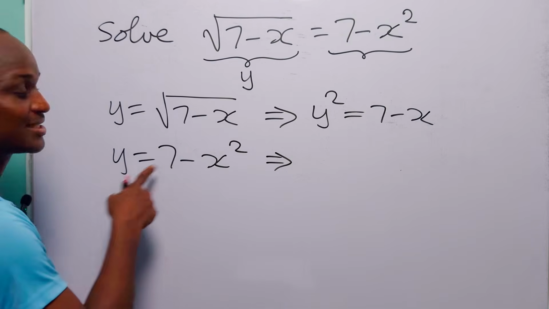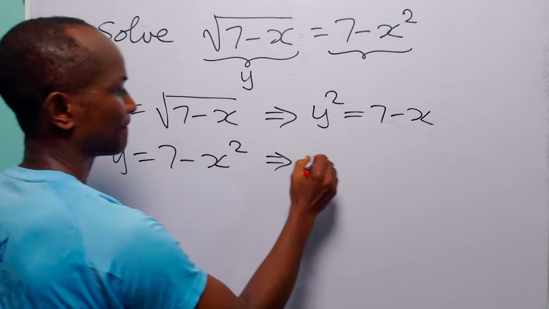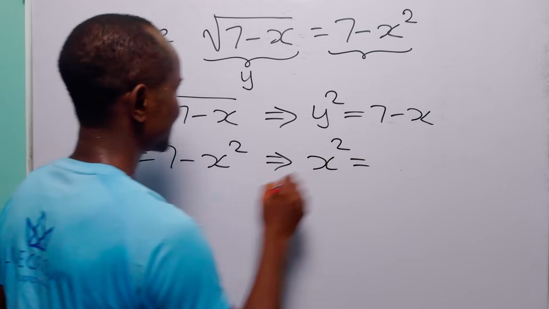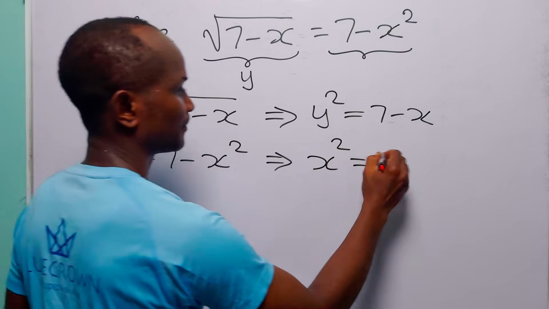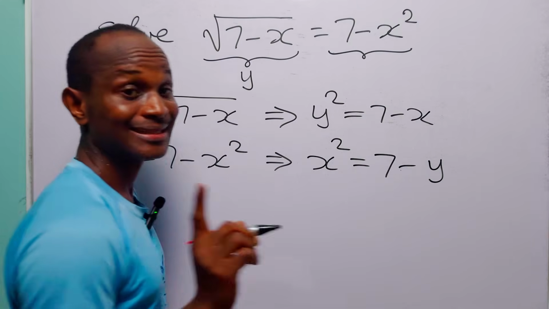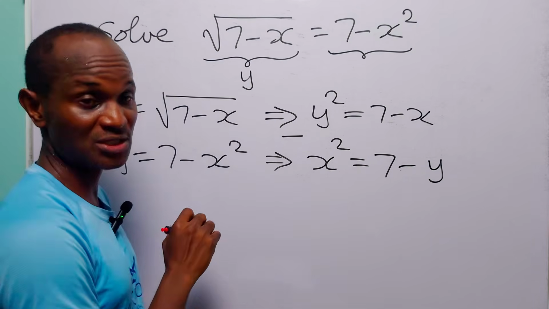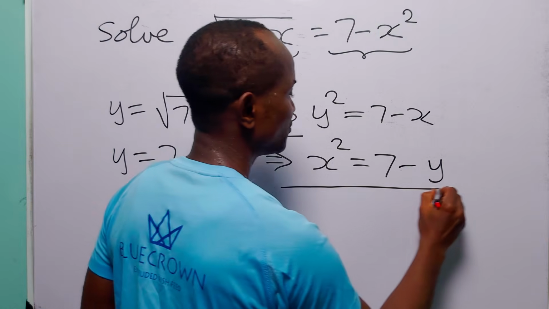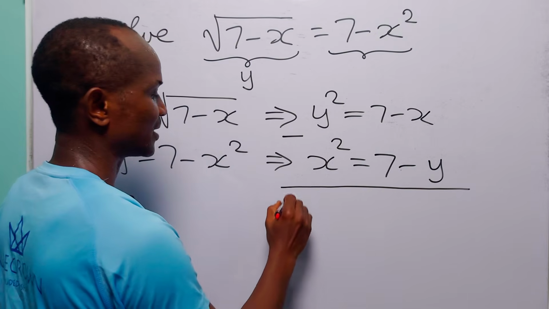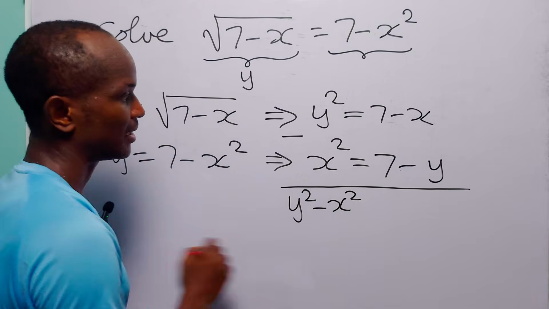Now, when we rearrange this second equation, we have that x squared is equal to 7 minus y. The next thing we are going to do is to subtract the second equation from the first equation. When we do that, on the left-hand side, we have y squared minus x squared.